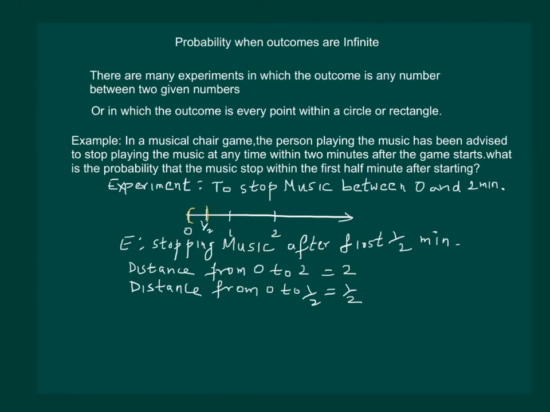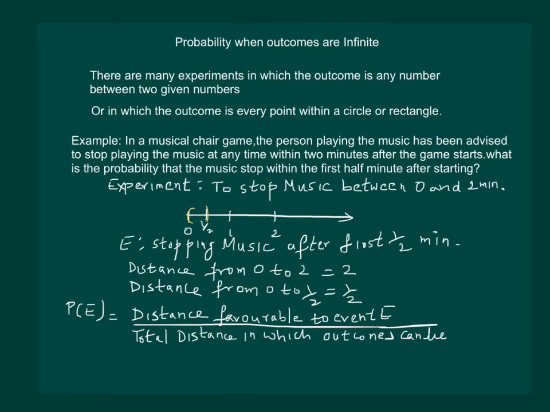So probability of the happening of the event E is equal to distance favorable to event E by total distance in which outcomes can lie, which is equal to half by 2, which is equal to 1 by 4.